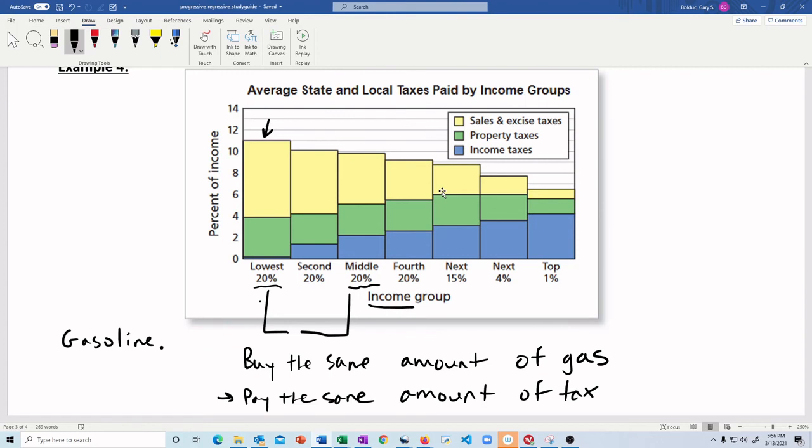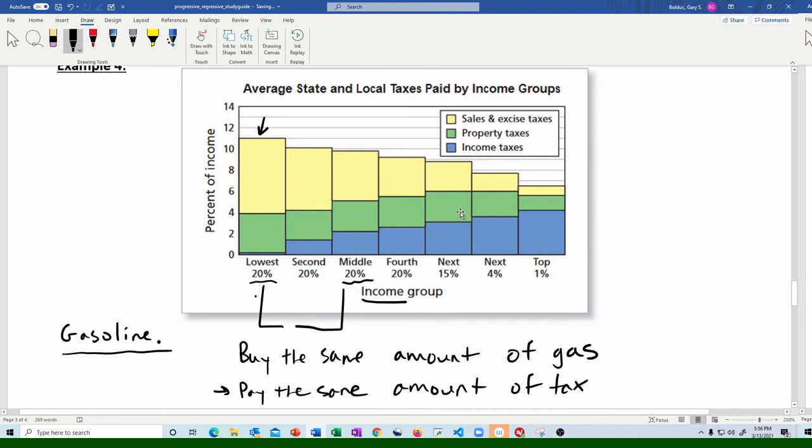Now, property tax, on the other hand, there are definitely small differences, but in general, for the most part, until you get right here to the top 1%, the boxes seem to be about the same size. So this would be an example that's not necessarily regressive, nor is it progressive, because the boxes are about the same percent as you go through here.